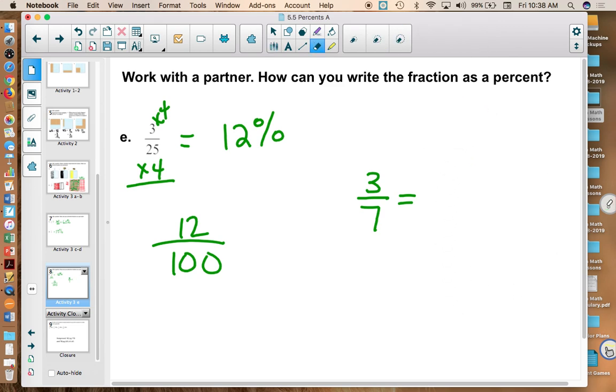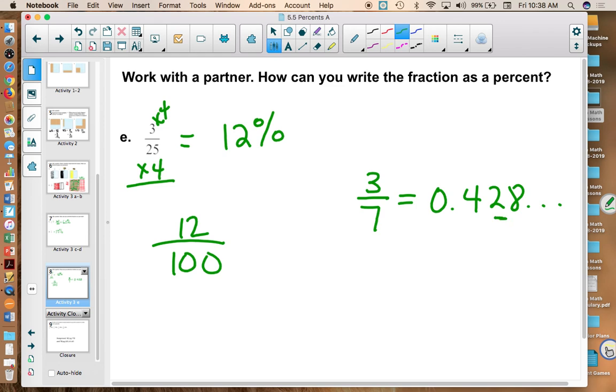Oh, let's take a look. This is a division statement, but it's the numerator divided by the denominator, so 3 divided by 7. And you get a decimal that reads what, Kaylee? 0.428. I'm only going that far because it keeps going. Okay? Percent is out of how much? 100.